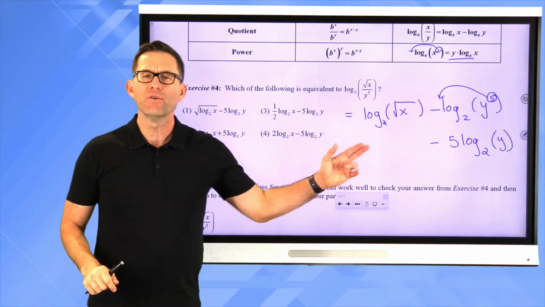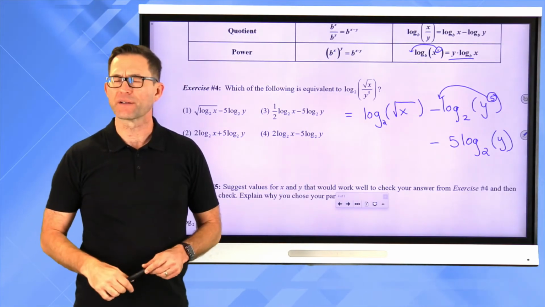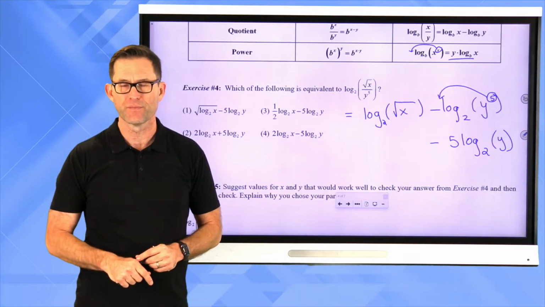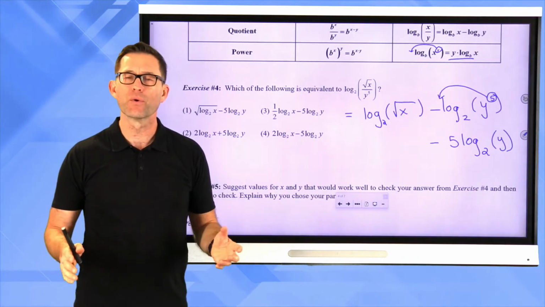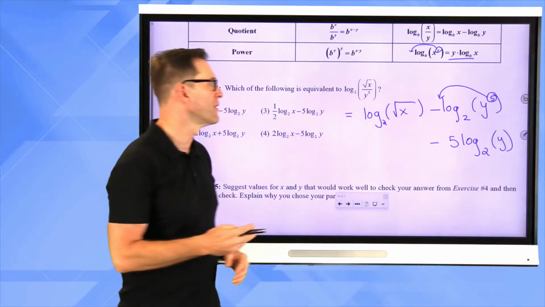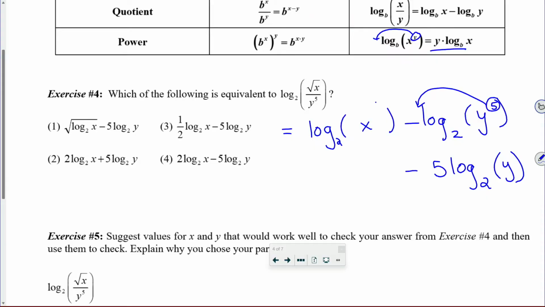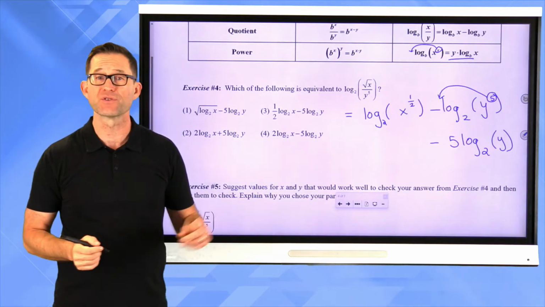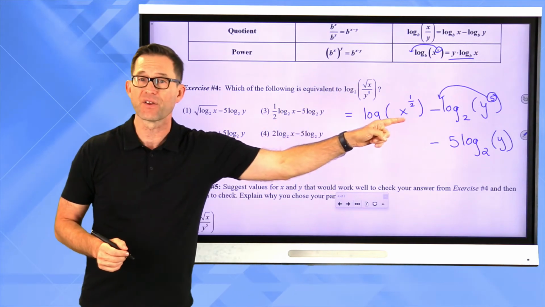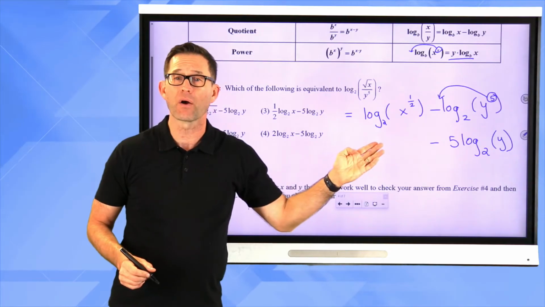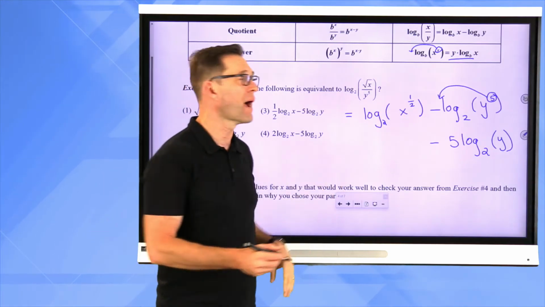But what do I do with log base 2 of the square root of x? There is nothing in here that says what the logarithm of a square root is, except that square roots are the same as fractional powers. So the log of the square root of x is the same as the log of x to the 1/2, right? The square root of x and x to the 1/2 are the same, and therefore I now have it as the logarithm of a quantity raised to a power.